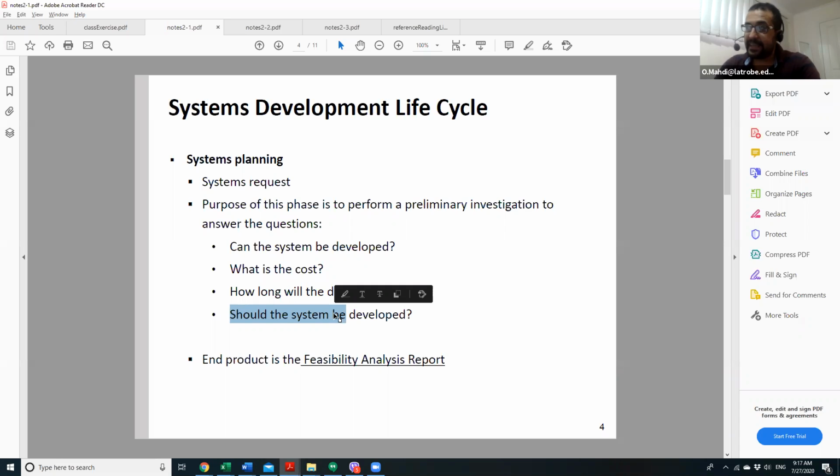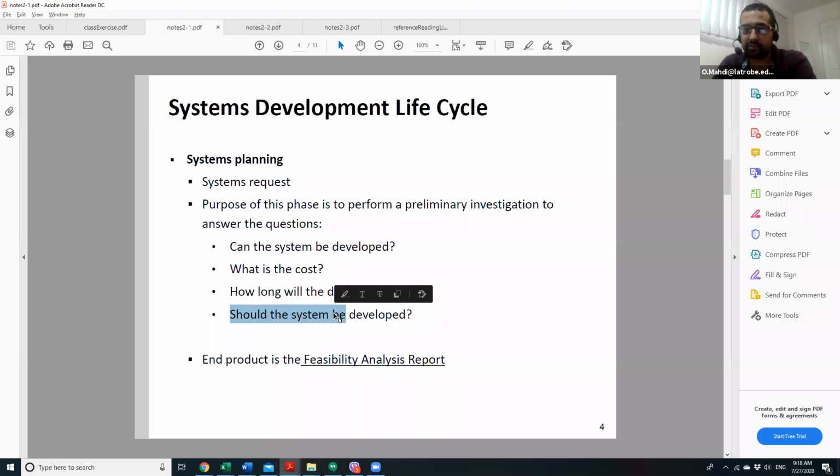So when we say can the system be developed, it's a question just to make sure, based on the existing tools, the existing software, based on what we have currently, can we develop the system or the product or the information system?